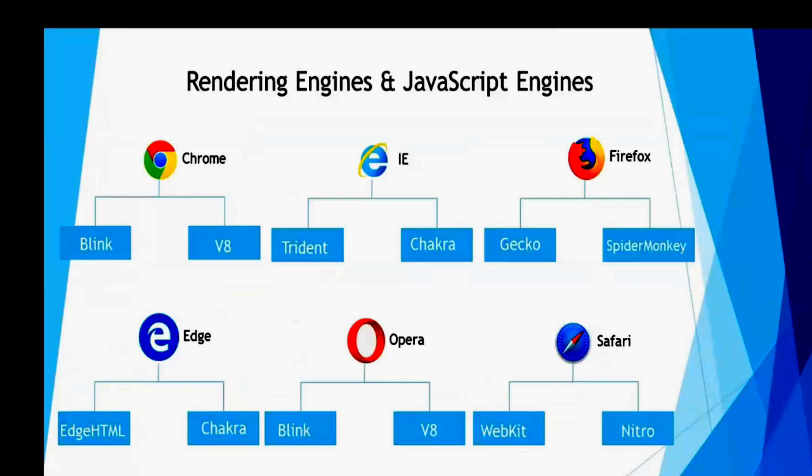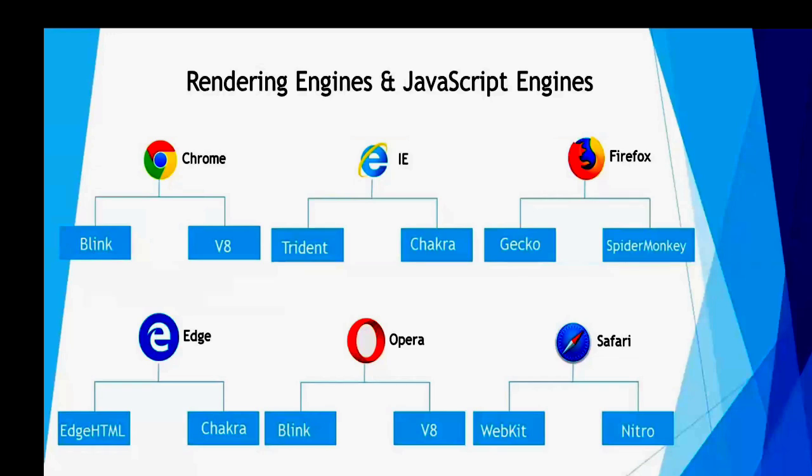Internet Explorer uses Trident and Chakra. Firefox uses Gecko and SpiderMonkey. Edge very recently updated to an engine called Chromium, the latest engine used by Edge; it also used Chakra and EdgeHTML. Opera also uses Blink and V8. Safari uses WebKit and Nitro.